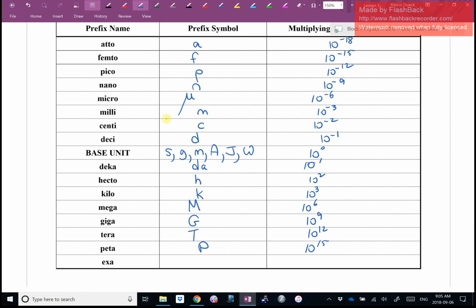Exa. Is it on your sheet? Capital E, is it? Who names these? There's actually a committee. The next one, I think they're going to symbolize with a capital H. And the way they pick these is they look at, let me think how they do this, because it's based on hecto.